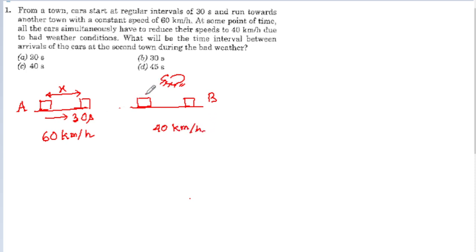So here the separation is the same in good weather and bad weather both, because the relative velocity between two cars is constant. Let's say the time interval for two consecutive cars reaching in bad weather is delta t.